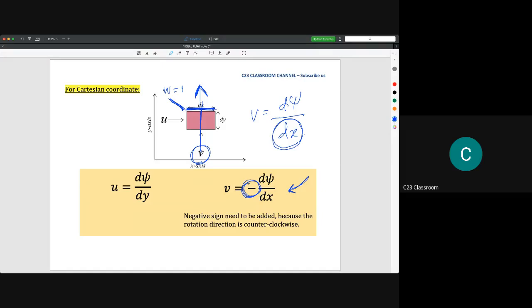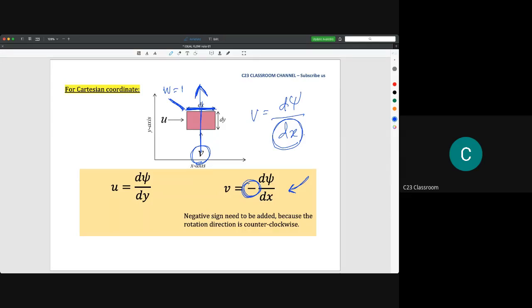Means that we need to give another direction. It means positive and negative in terms of clockwise and counterclockwise. So in this situation, in your syllabus, we agree that we give the negative sign for counterclockwise.